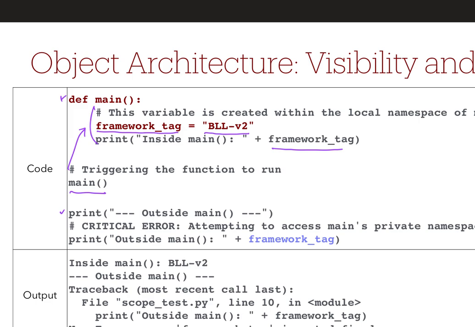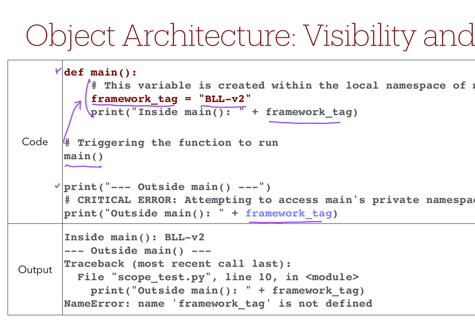That is fine. If I try to access the variable outside the main function, I have a problem. At that point, Python will give you some error message. The execution of the print inside of the main function is fine, or even the print function without accessing that variable outside the main function is also fine.